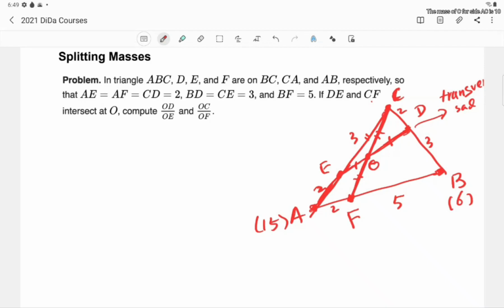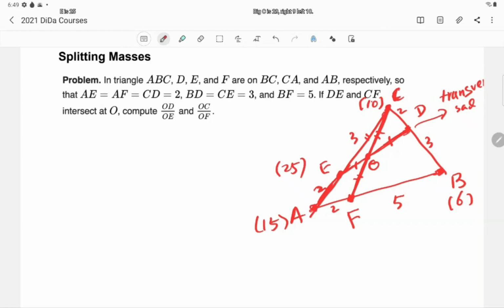Oh, for side A, so the left side. So the left side is 10 for C. What else can we know? So E is 25, okay.